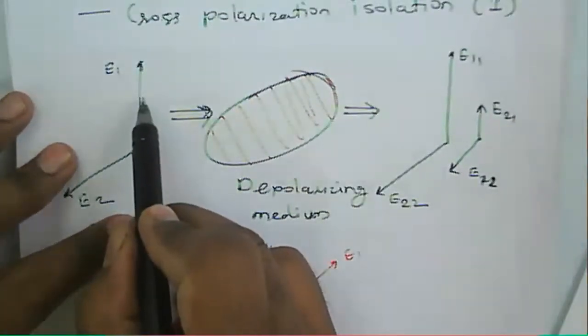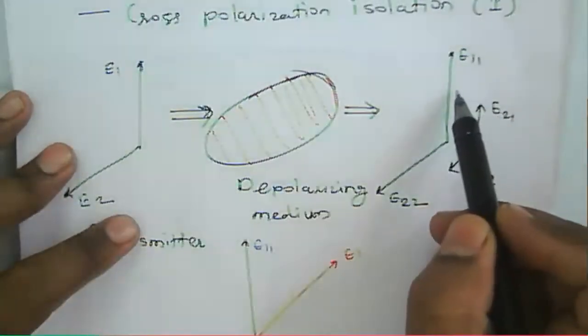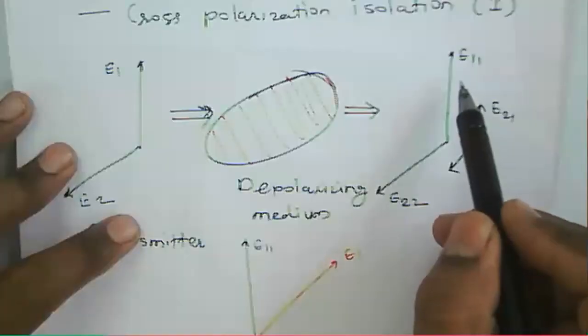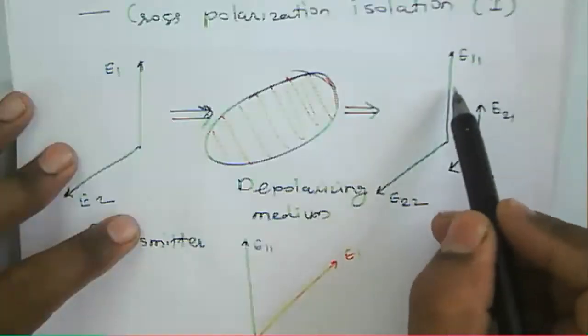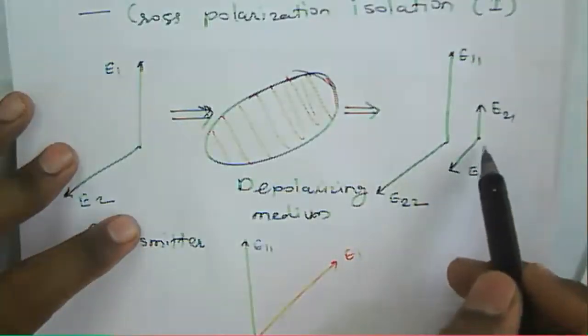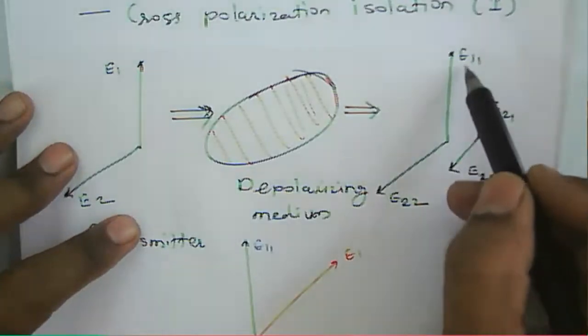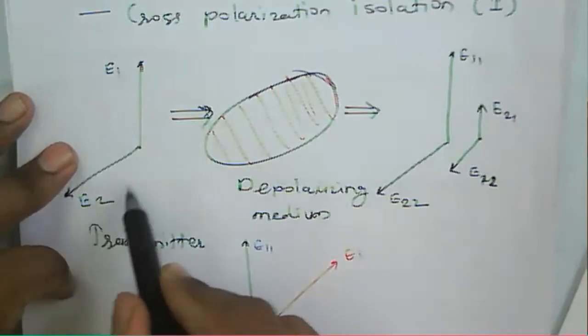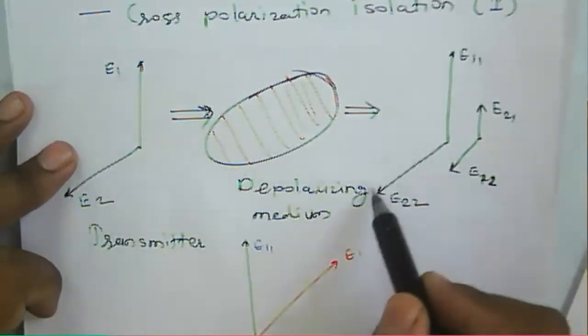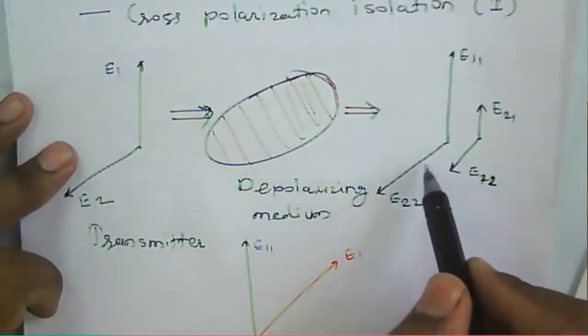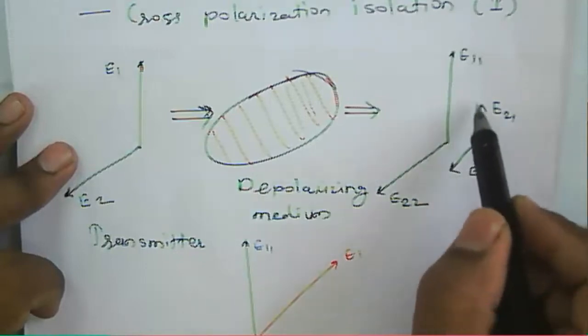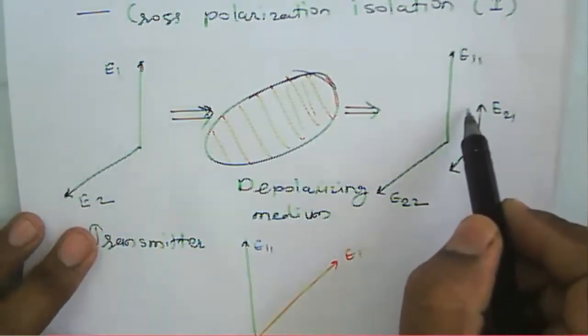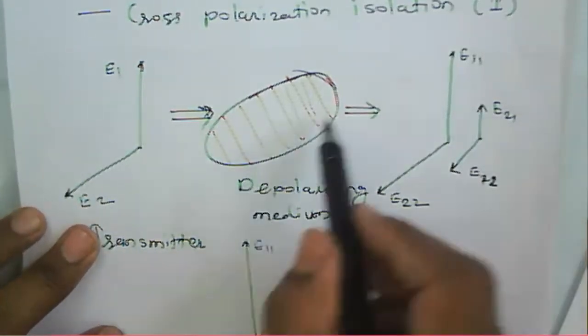E1 is a vertical component and that will be decomposed into two components, E11 and E12. E2 is a horizontal component, so E2 will be decomposed into two components, E22 and E21.